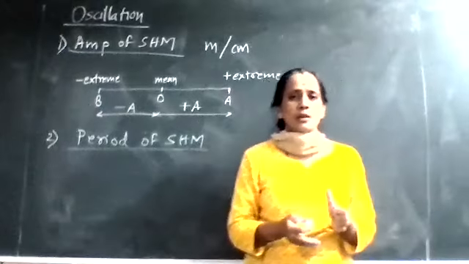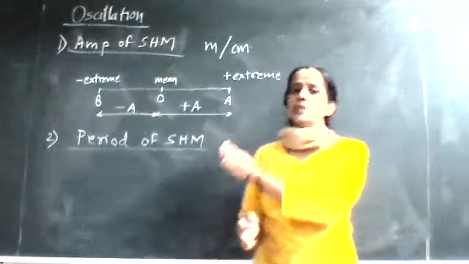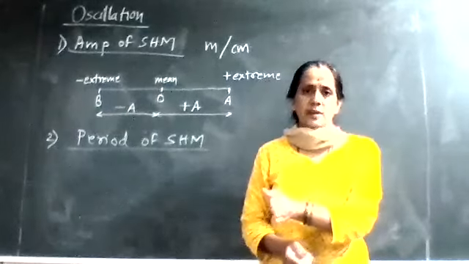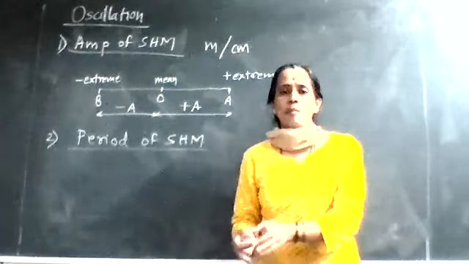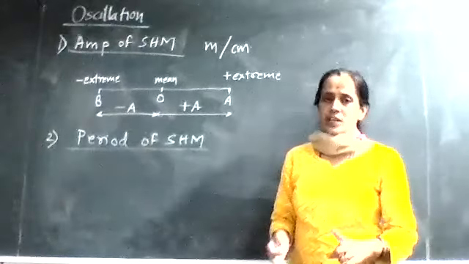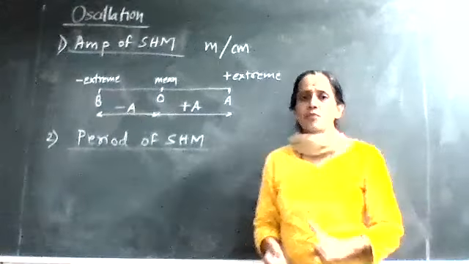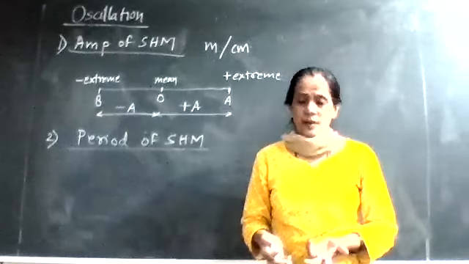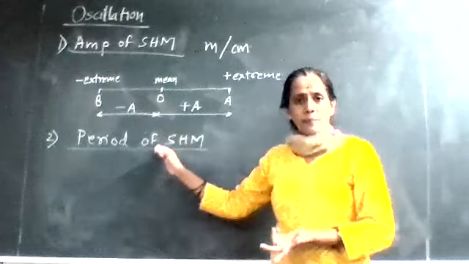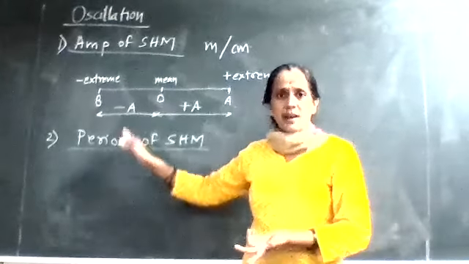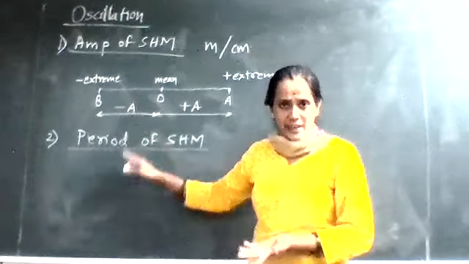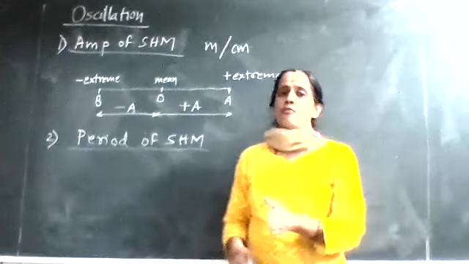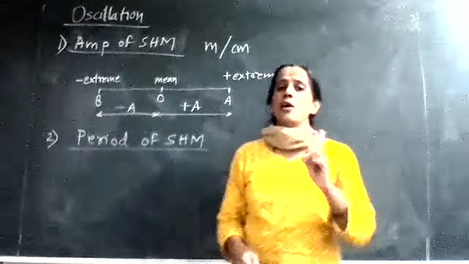So period is nothing but the time taken by the particle when it is performing one rotation or one revolution. That is called the period. Now here, period is the time taken by the particle when it is performing one oscillation.